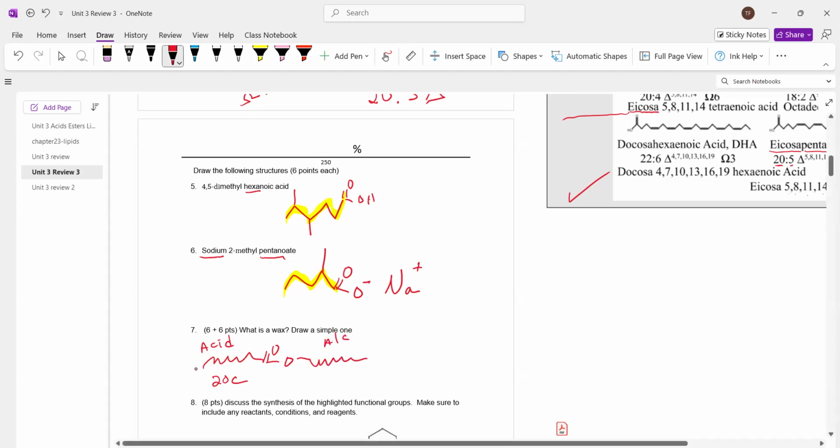So you can have like 25. It will always be an even number, say 26 carbons. And these numbers can be anything you want, as long as it's even and long.